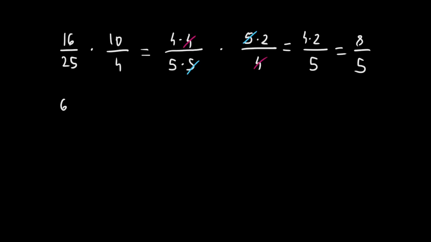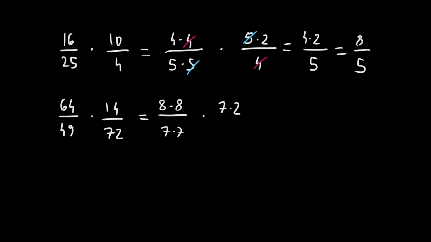Let's say we have 64 over 49 times 14 over 72. Now we know that 64 is 8 times 8 and 49 is 7 times 7. Also we know that 14 is 7 times 2 and 72 is 8 times 9.